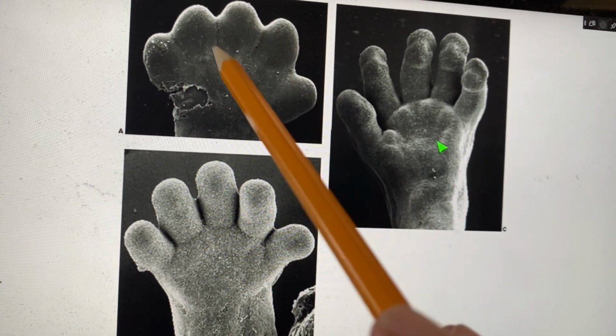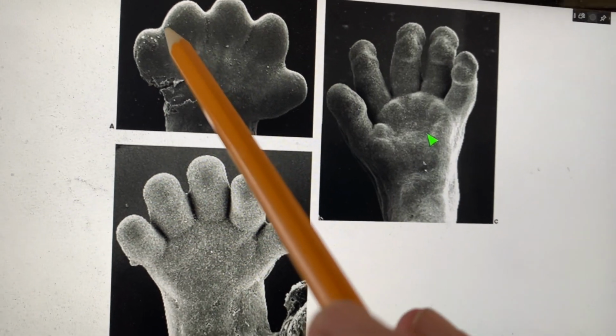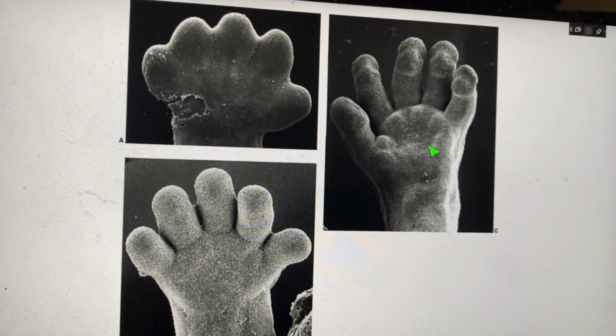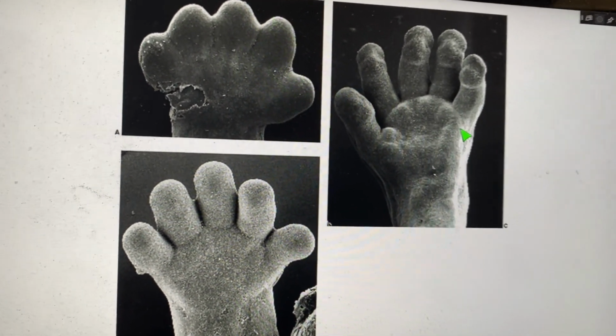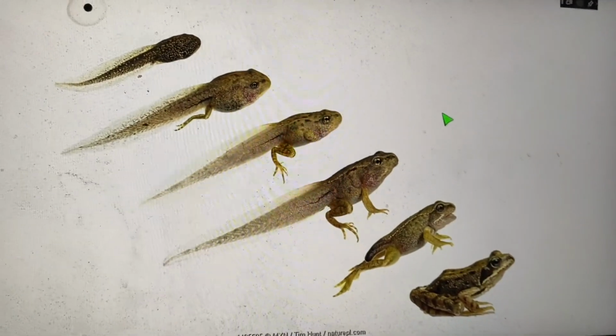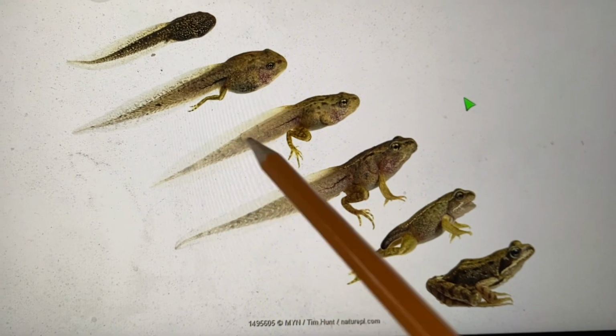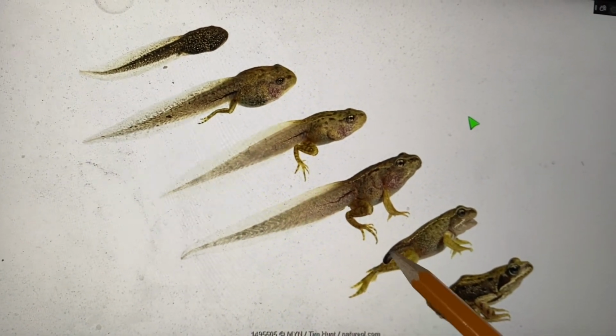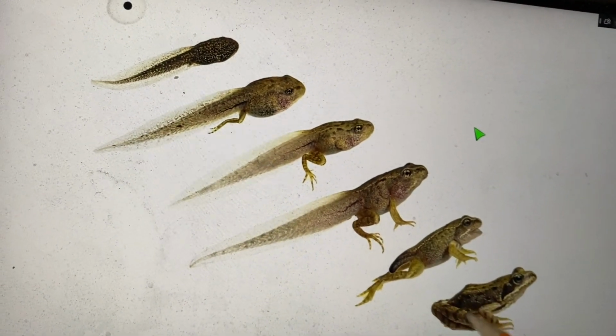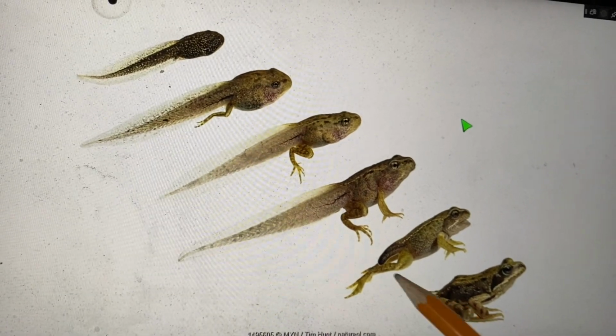The only way you get rid of the skin is by apoptosis, by having those cells destroy themselves. Or my other great example is the old tadpole turning into a frog. The tail of the tadpole doesn't just fall off one day. It slowly disappears through apoptosis until there's no tail at all on the adult frog.